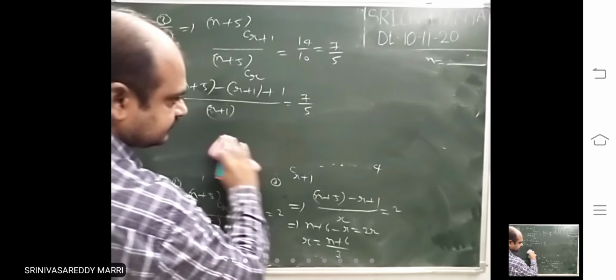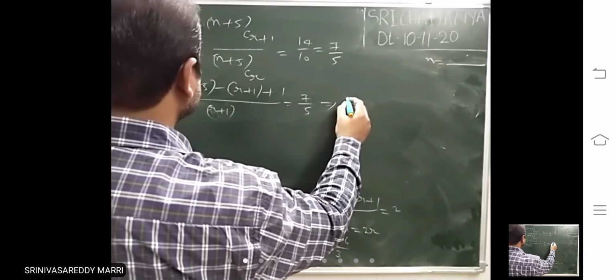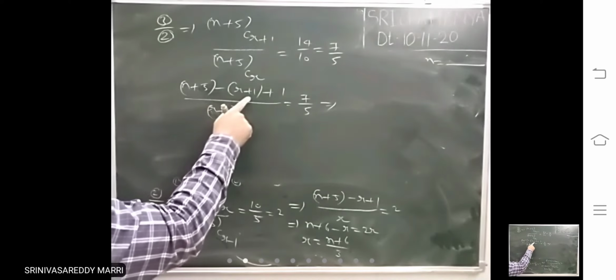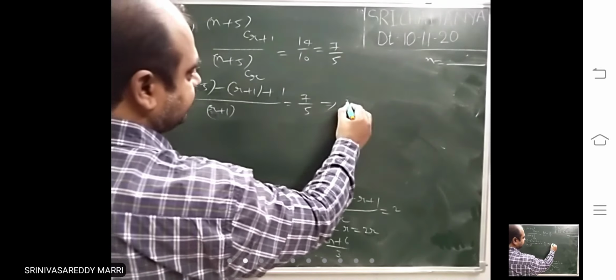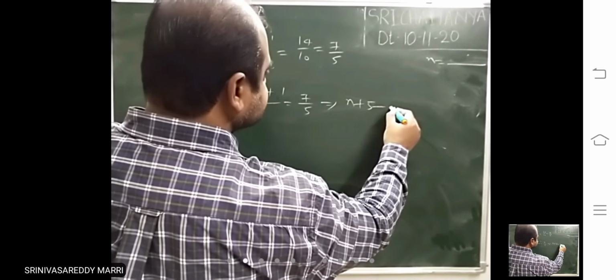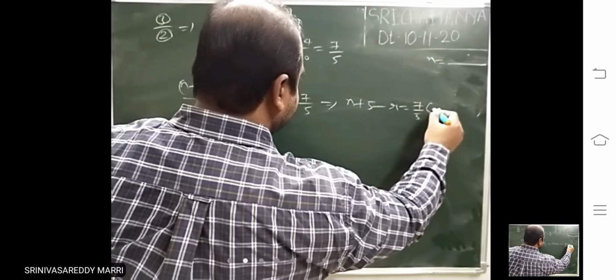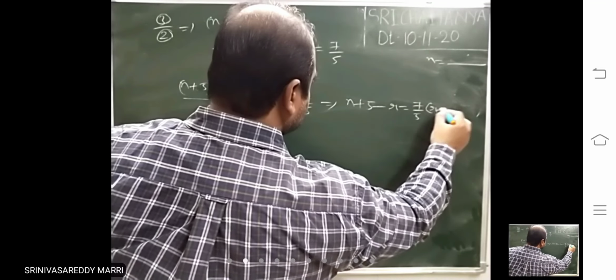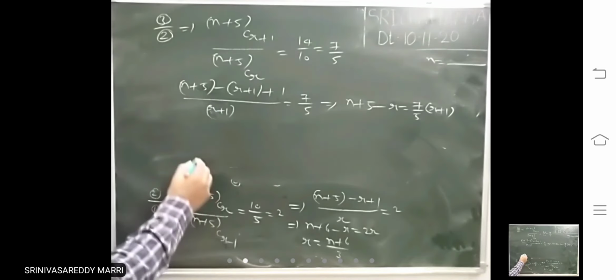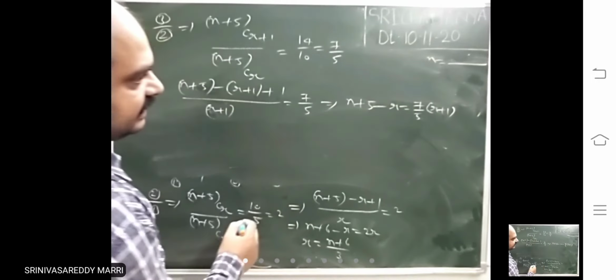That implies, so what you will get here, n plus 5 minus r equals 7 by 5 into (r plus 1). I want to calculate the r value.